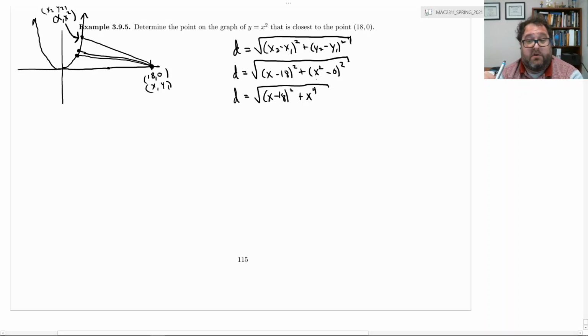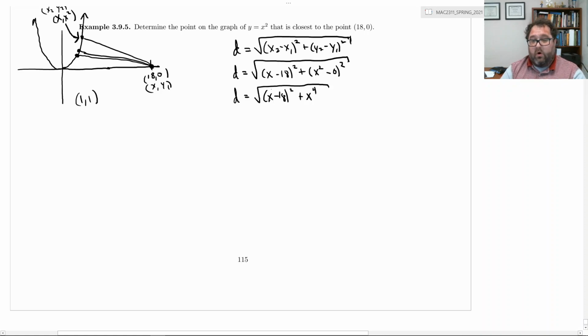If you plug in any x value, this will give you the distance between that point on the parabola and 18 comma 0. For instance, if you want to know the distance between the point 1 comma 1 and 18, plug a 1 in. And what do you get?